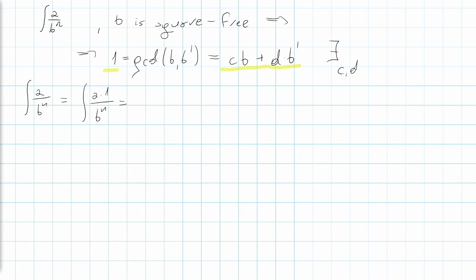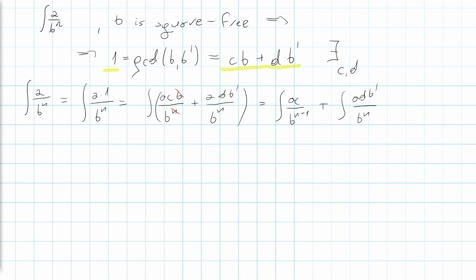So this is the integral of a times c b over b^n plus a times d b prime over b^n. Now this b here and this exponent cancel. And we use the linearity of the integral. So this is a c over b to the power n minus 1, plus a d b prime over b to the power n.